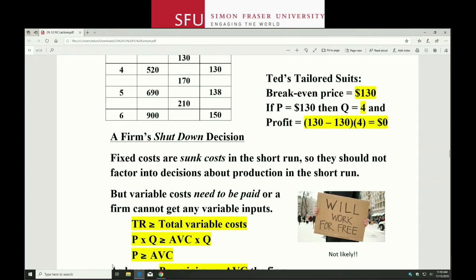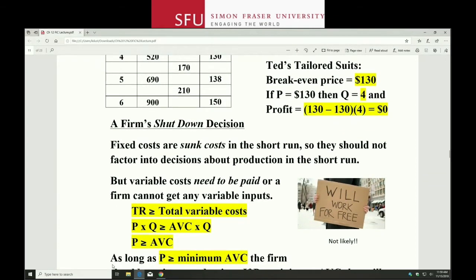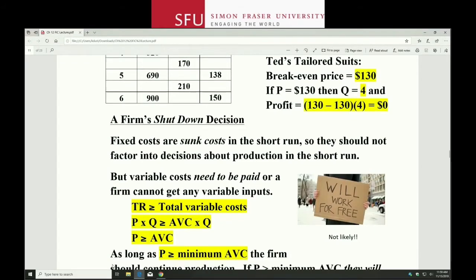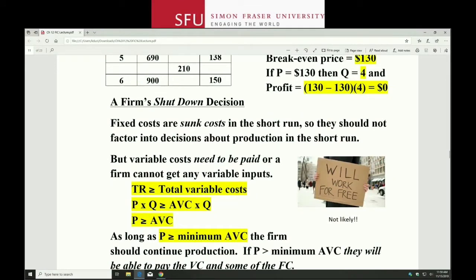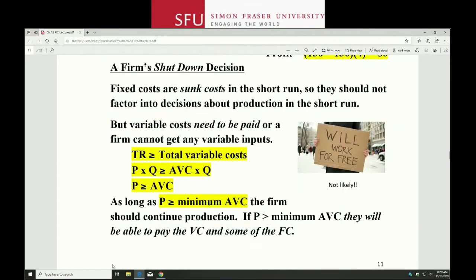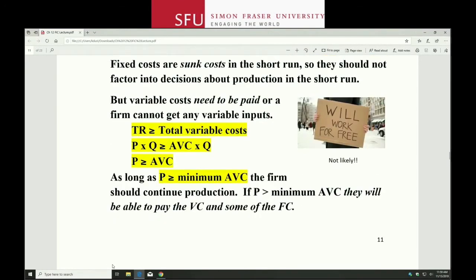As long as the price is greater than or equal to your minimum average variable cost, then you can produce, and otherwise you can't produce. On the next page is an example where the firm will produce, but they'll be losing money.